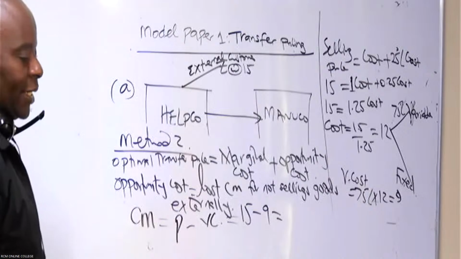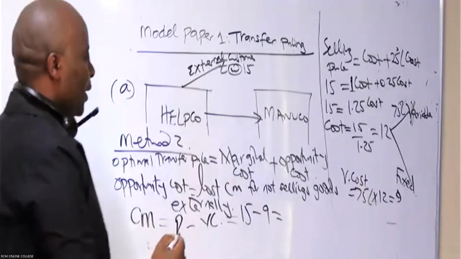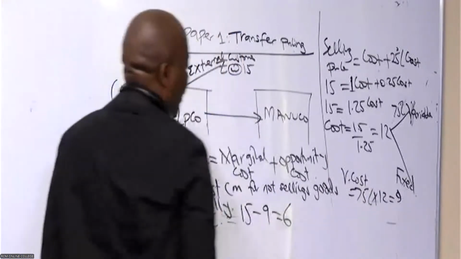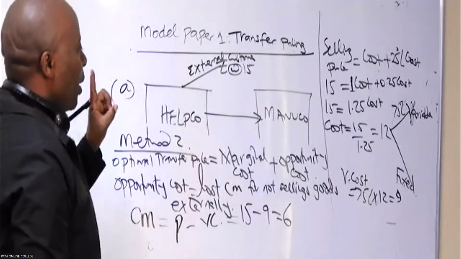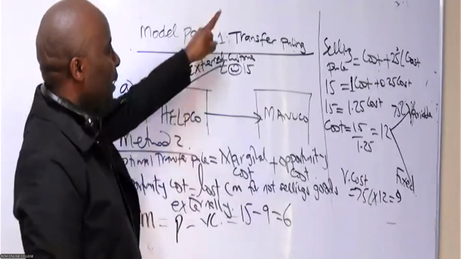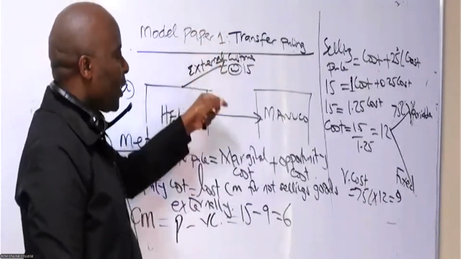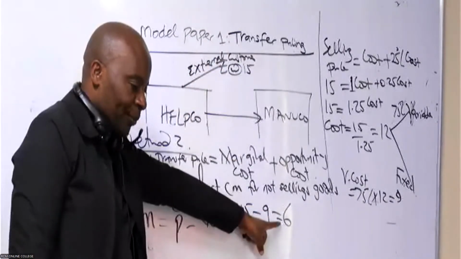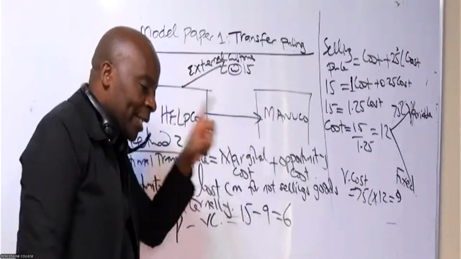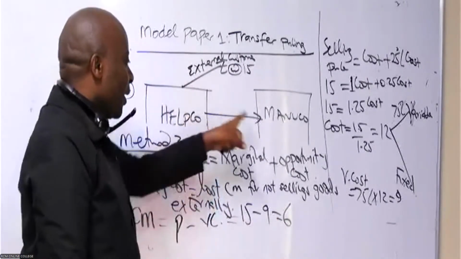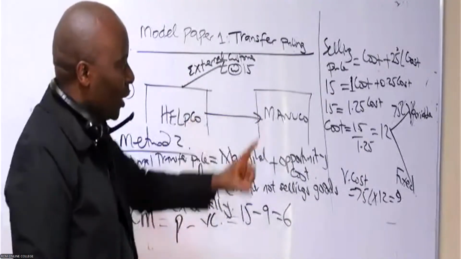So 15 minus 9 gives 6. For any sales that I snatch from external customers, I shall be losing this much. So this figure must be compensated by the department which wants me to sell goods to them internally.